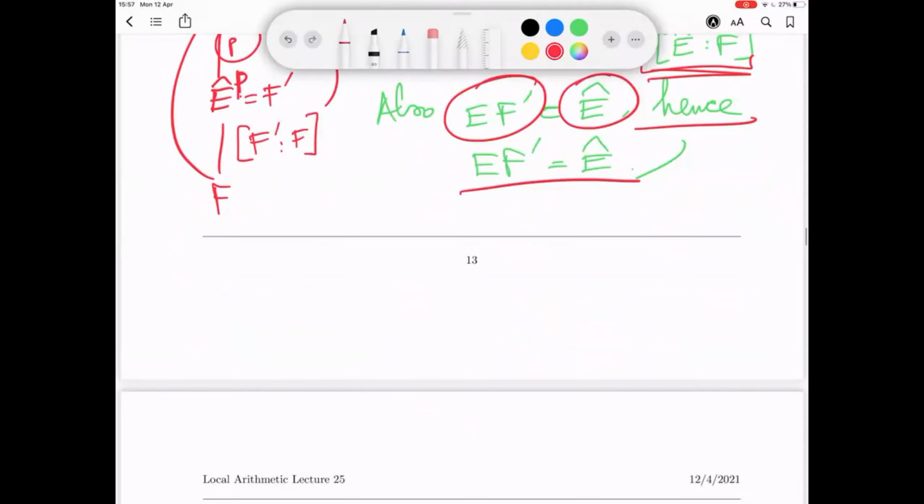And therefore EF prime is Galois over F, because E hat is Galois by definition.